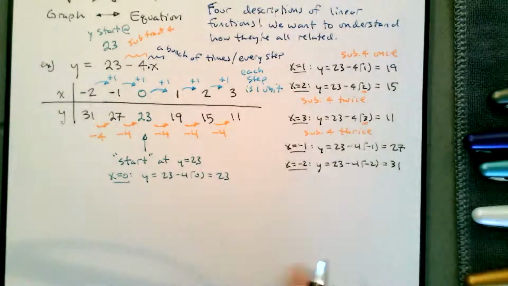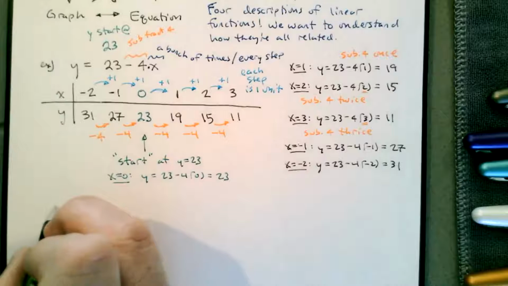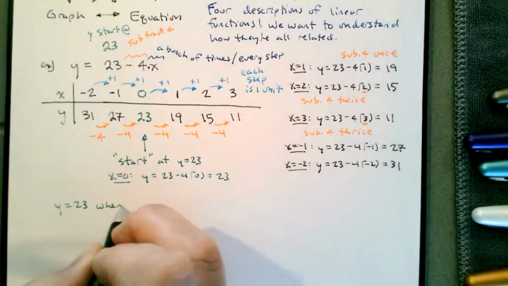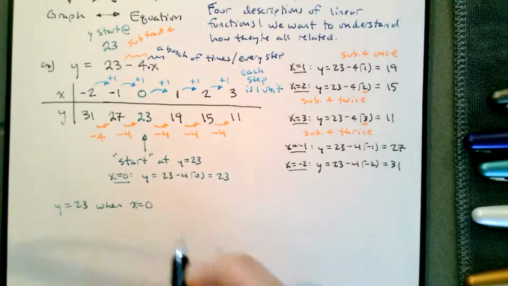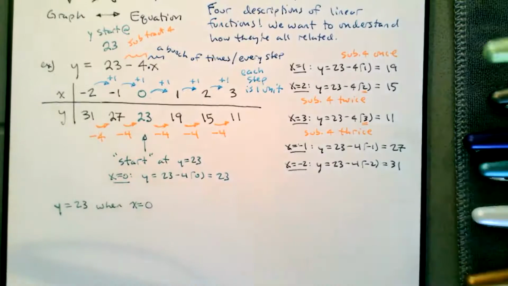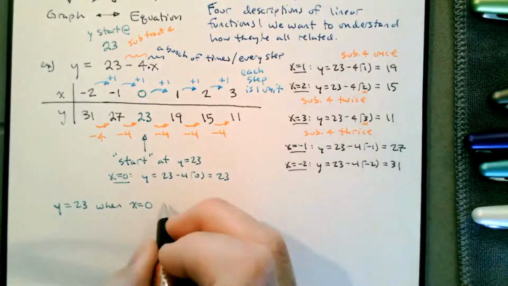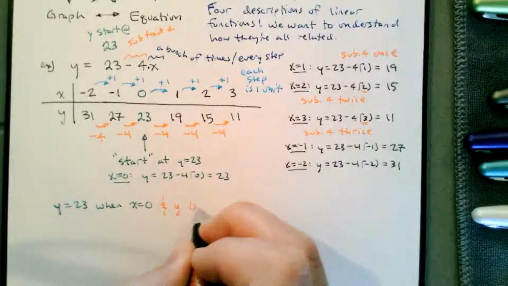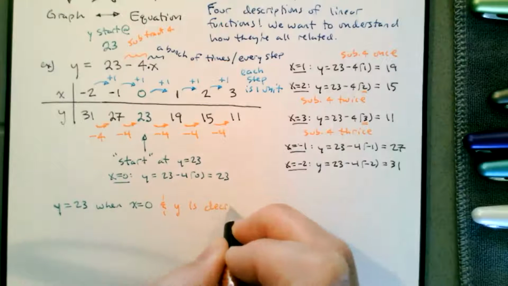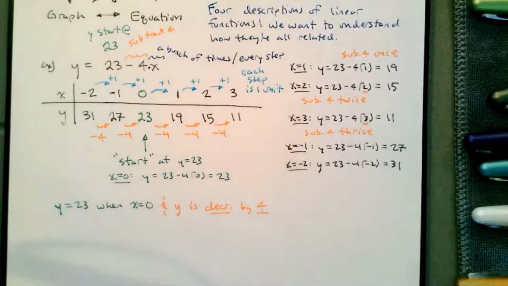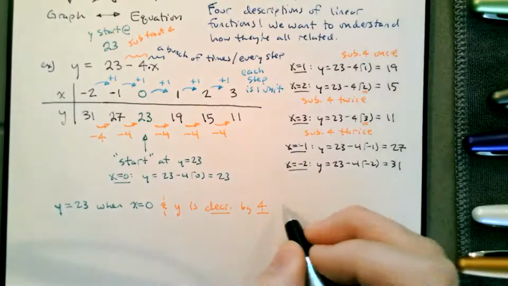So our sentence describing what's going on, we would say y is equal to 23 when x equals 0. That's how we describe where things start. Then we describe what's happening, and we'll say, and y is decreasing by 4 every 1 unit.